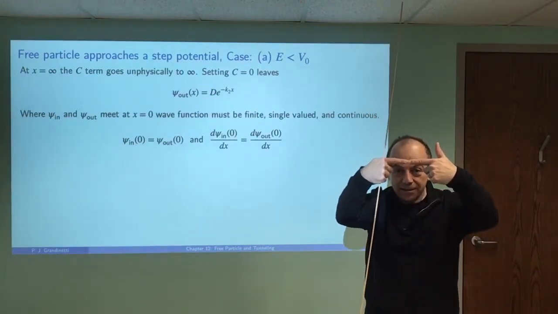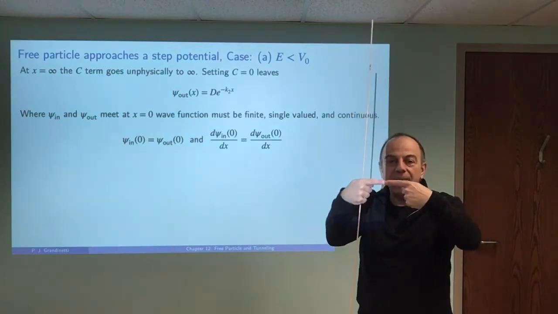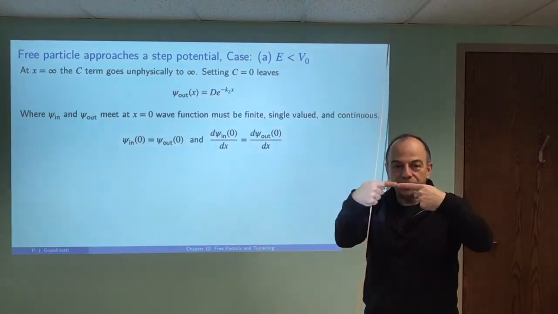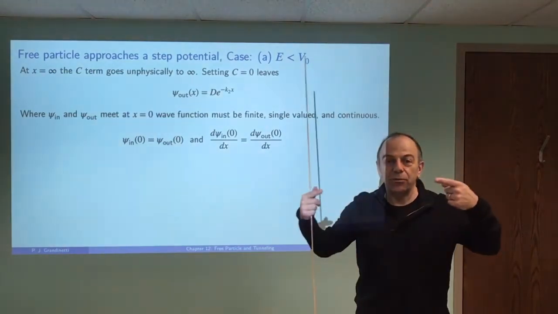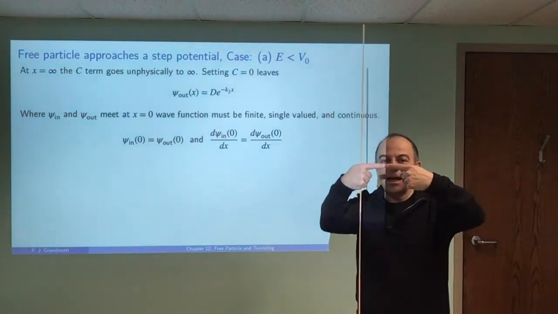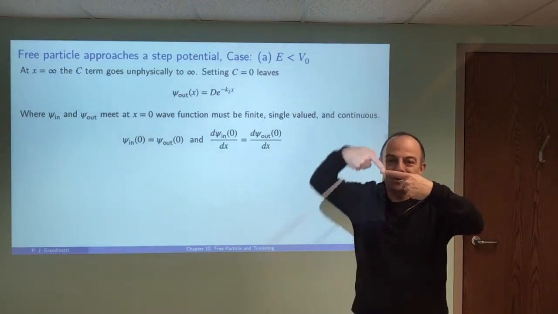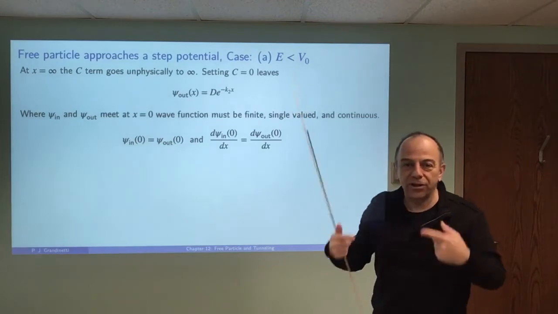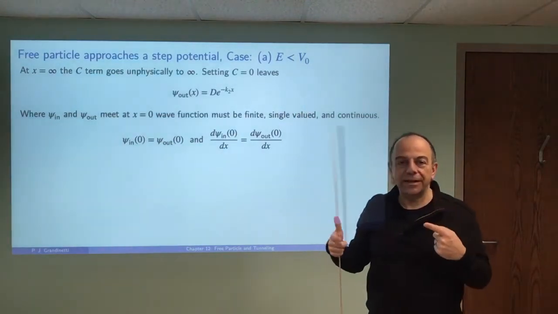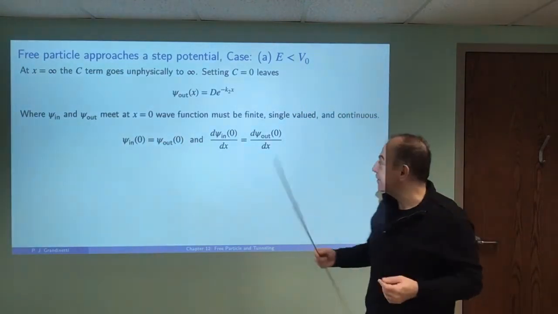They have to meet at the same value when x equals 0. Additionally, the wave function has to be continuous. So you can't have something like this or like this, where you have a discontinuous change in the wave function. It has to be a smooth transition from the left side to the right side.